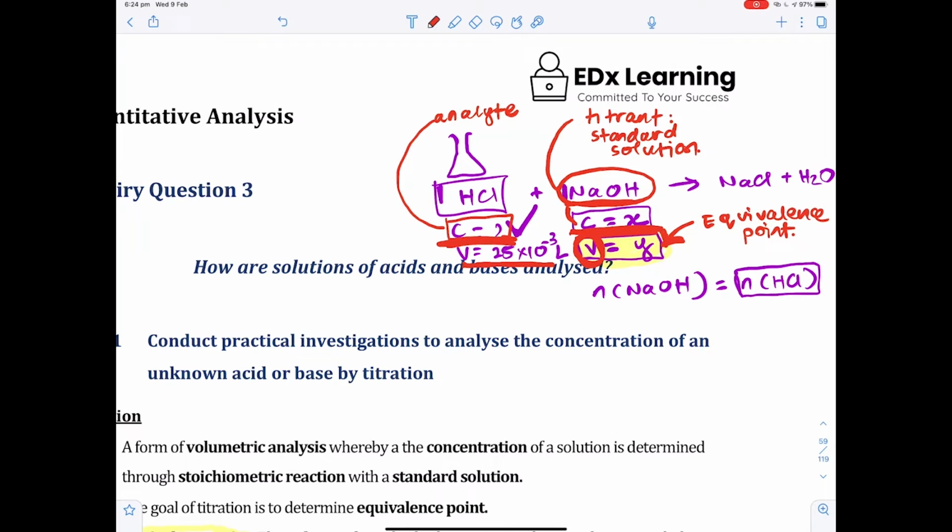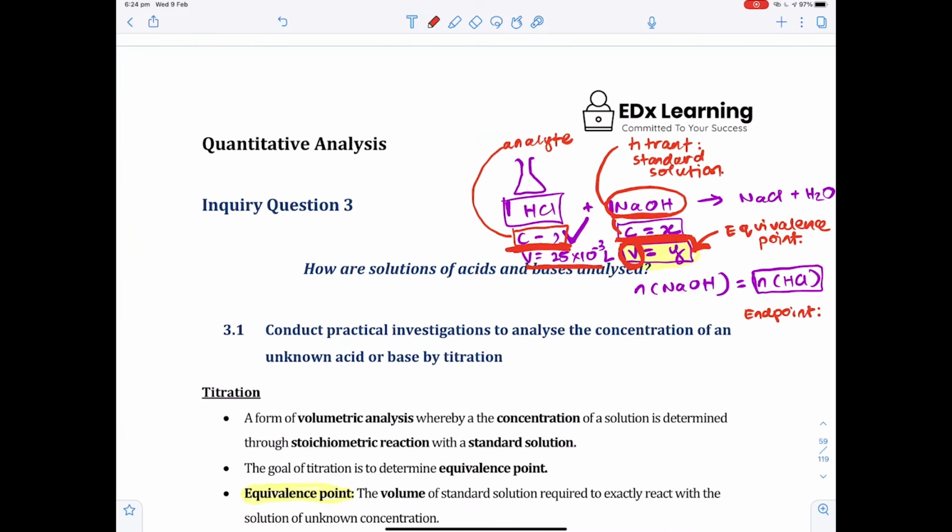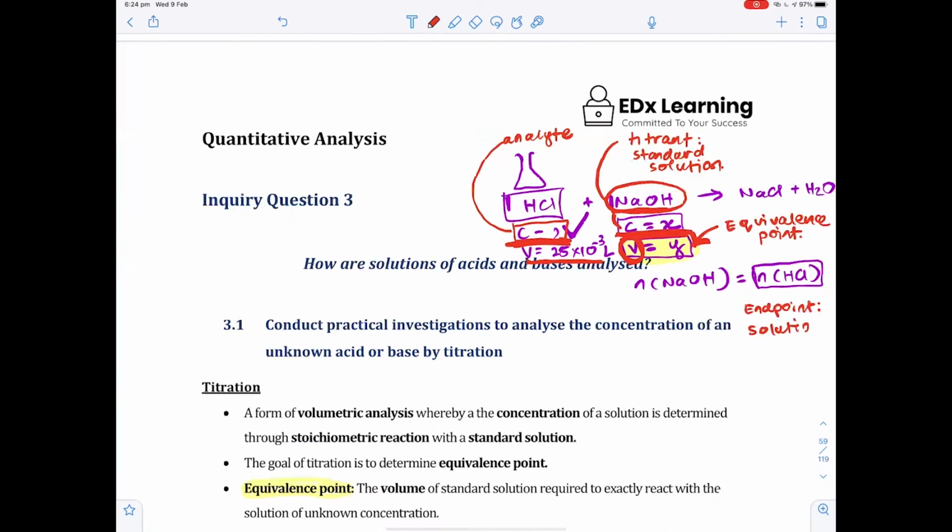Now, the name for the volume of solution when this entire solution changes color is called the endpoint. Endpoint is when the solution changes color. And it's a volume of titrant required for the solution to change color. So both are volumes. Everyone with me?